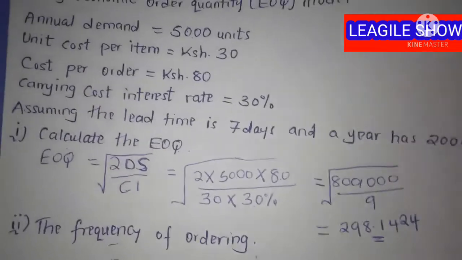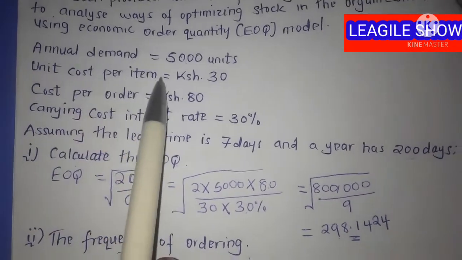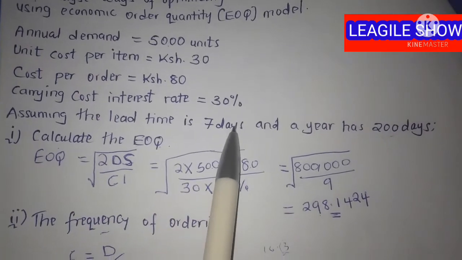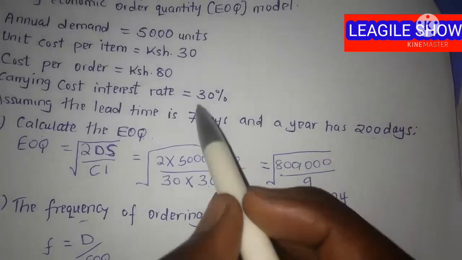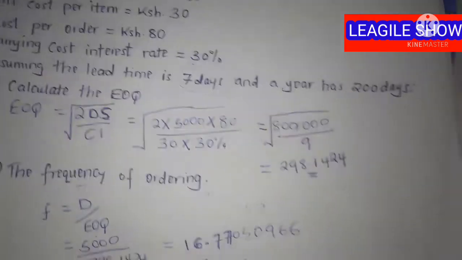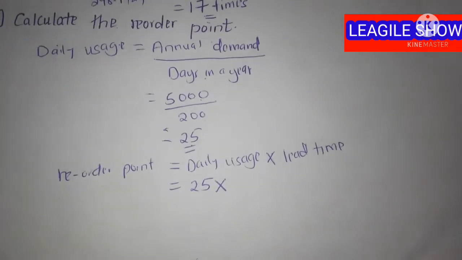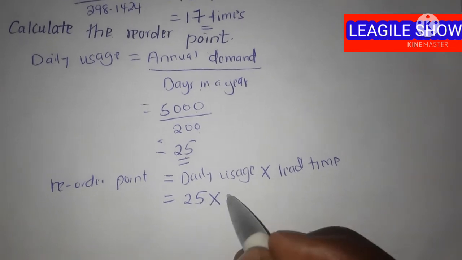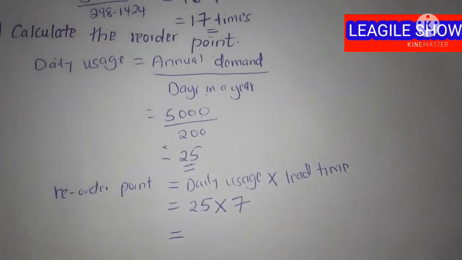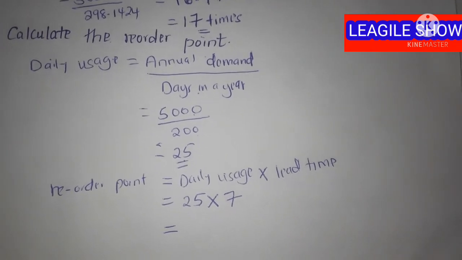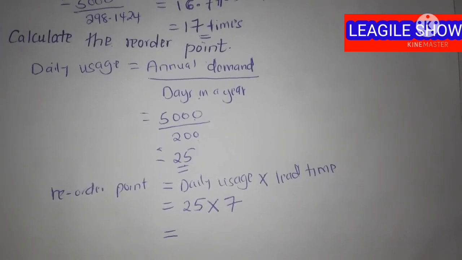If you go back to our question, assuming the lead time is 7 days and the year has 200 days, so our lead time here is 7 days. So back to our calculation, it will be 25 times the lead time, which is 7 days. Are we still together? Take a minute and feed these into your calculator.